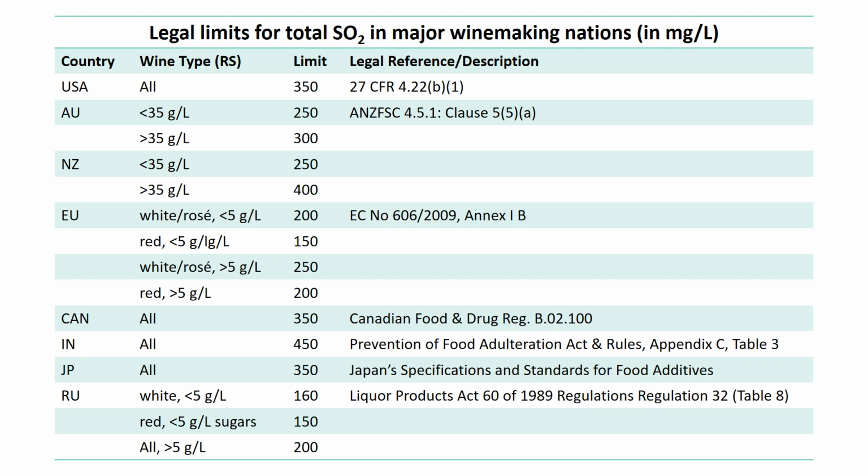For those same red wines, the styles that are dry reds, have a limit of 150, so it's lower. And if you remember before the discussion on other antioxidant compounds in wines, tannin's one of them. So red wines tend to require less sulfur dioxide.